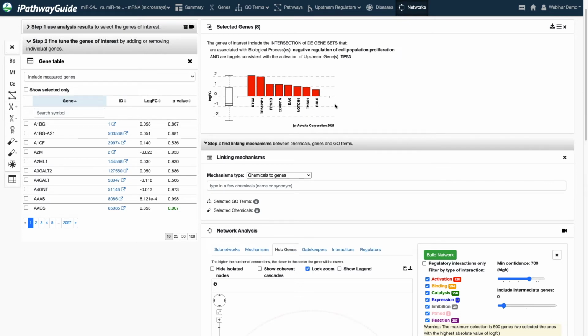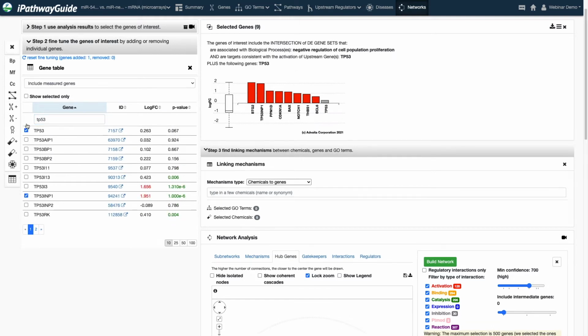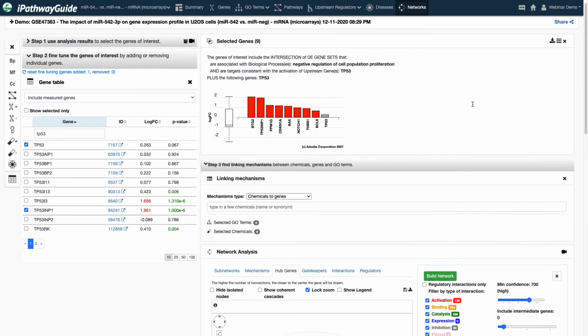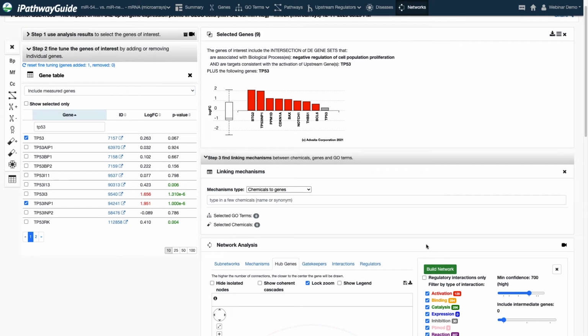We know it's not a differentially expressed gene, so it's not going to come up in step 1. But in step 2, you can fine-tune this set of genes by adding or subtracting genes from your selection. So now we've got TP53. And if we then click build, we will see what's known about how these all interact.